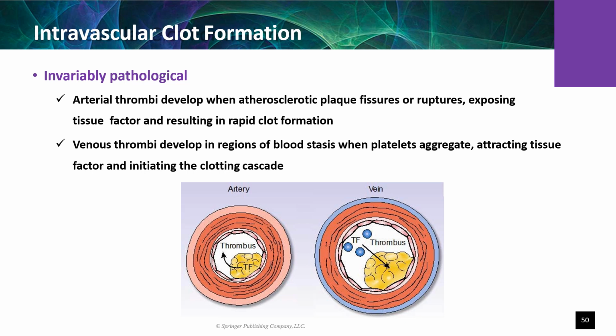Arterial thrombi often form at the sites of atherosclerotic plaque. Endothelial cells are diseased in the vicinity of the plaque, losing their normal antithrombotic properties and becoming sites of platelet aggregation and clot formation.